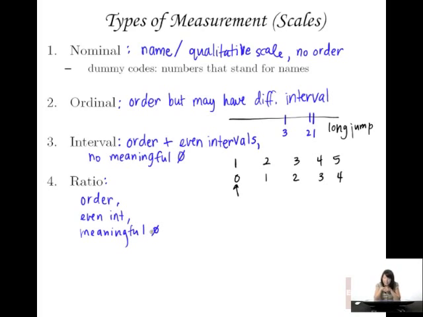So in this case, ratio scales are often things like height or weight, where 0 really means 0, none of something, none of some unit, right? So if you are 0 inches tall, that means you are 0, so that really means 0, right? So that's the big difference between nominal, ordinal, interval, and ratio scales.